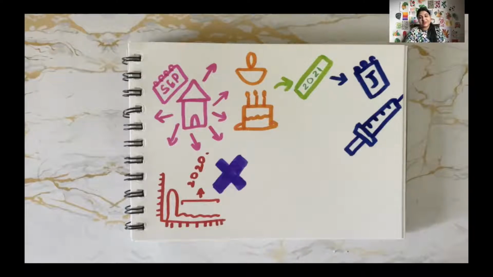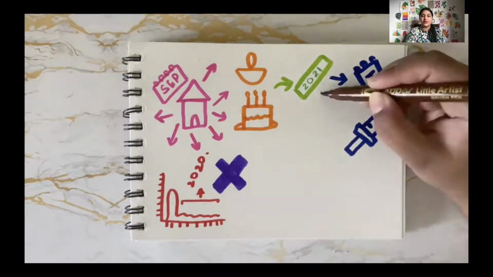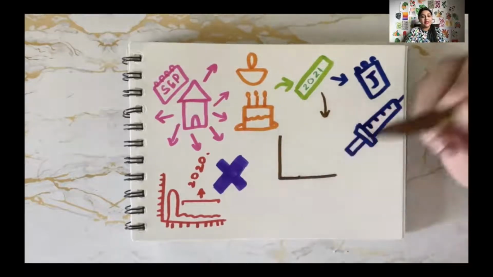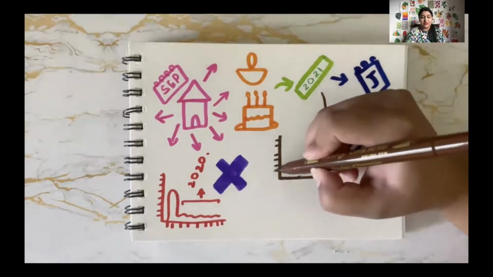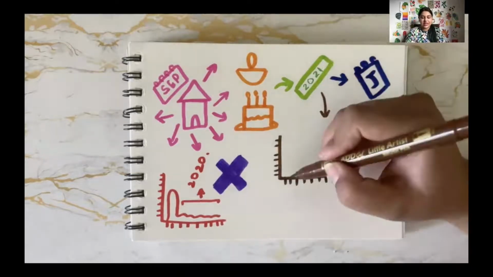Now, though it was really exciting and positive, we did have something that came up in the month of April. So let us go ahead and mark that out. From 2020, I'm taking my brown color sketch pen and drawing a big graph over here, demonstrating what is happening in 2021.